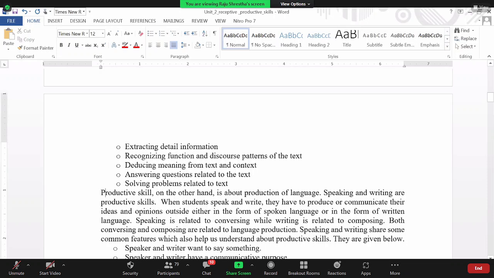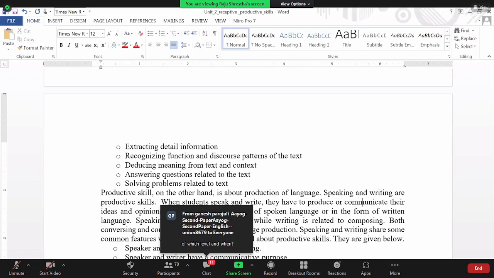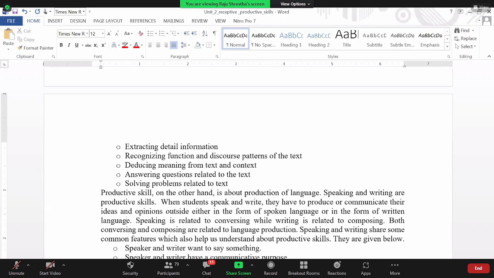Productive skills on the other hand is about production of language. Speaking and writing are productive skills. When students speak and write, they have to produce or communicate their ideas and opinions outside, either in the form of spoken language or in the form of written language. कि त बोलेर बाहिर निकाल्छन् कि त लेखेर बाहिर visual form मा निकाल्छन् हैन.